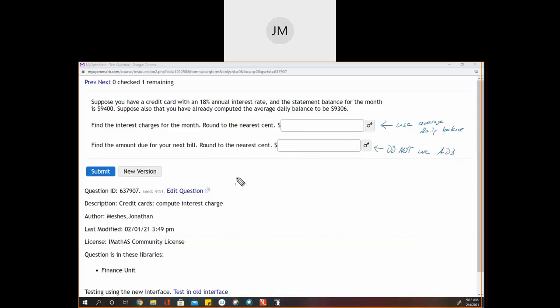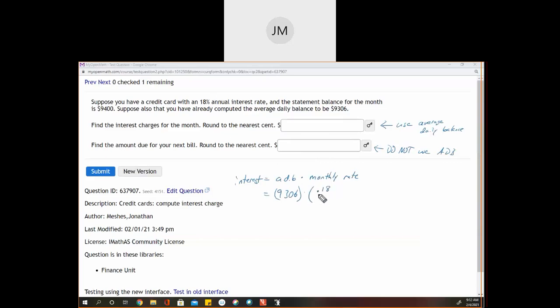Okay, so to find the interest, we take our average daily balance and we multiply that by the monthly rate. Okay, so our average daily balance is $9,306, and our annual rate is 18%, right?